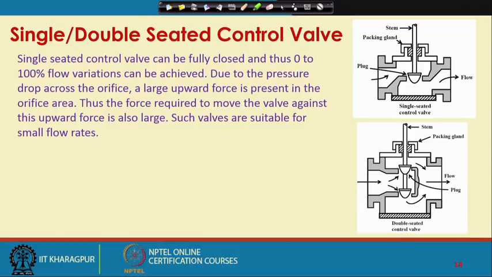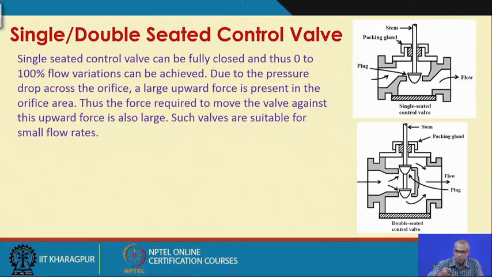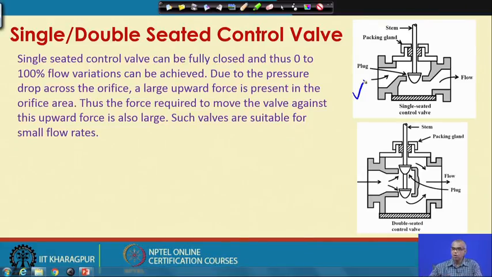We can have valves with one plug or valves with two plugs. We call single seated control valve or double seated control valve. This is an example of a single seated control valve, whereas this is a double seated control valve schematically presented.